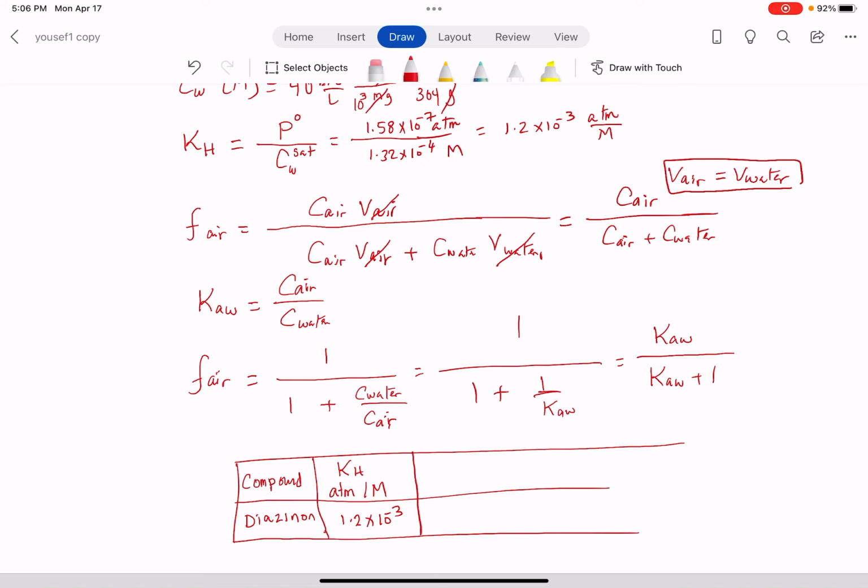And you need to find out later on, by dividing by RT, the dimensionless Henry law constant. So you find K air water by dividing KH by RT.